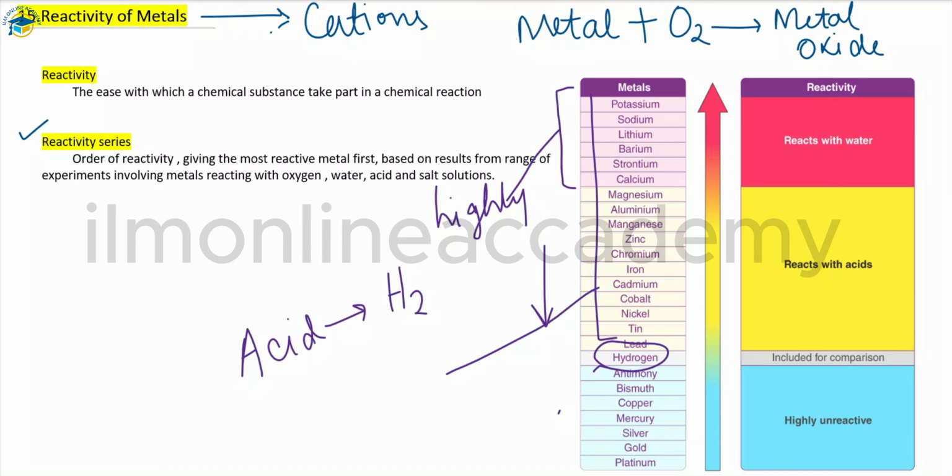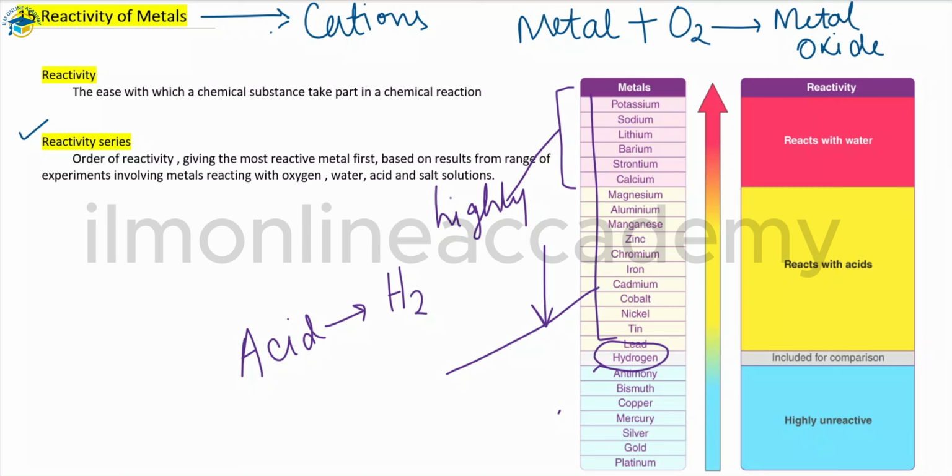Hydrogen is not a metal. Hydrogen is a non-metal, but it is only included for comparison in this reactivity series. We can also put carbon in this reactivity series just for comparison, but both are not metals.